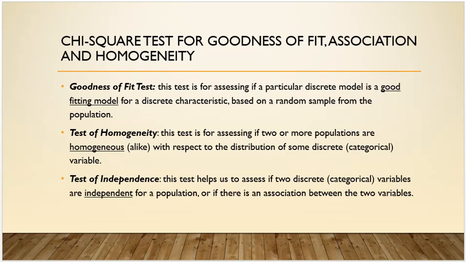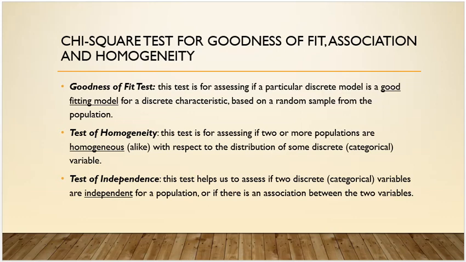Then the test of homogeneity is a test for assessing if two or more populations are homogeneous, that is, they are alike with respect to the distribution of some discrete variable. Now finally, the test of independence. This test is equivalent to that of correlation. If we have two quantitative characteristics and want to find whether any relation exists between them, we do correlation, and if they have a correlation, we say the two variables are related.